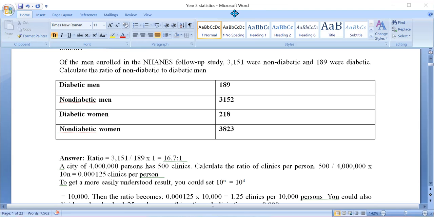3,152 divided by 189. So that is how you do it.